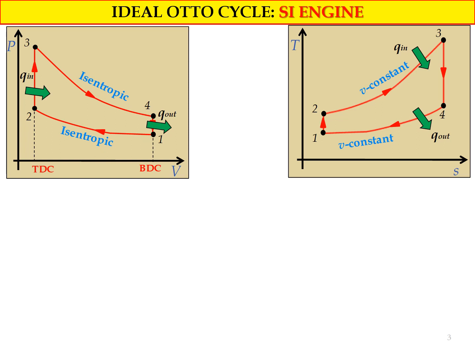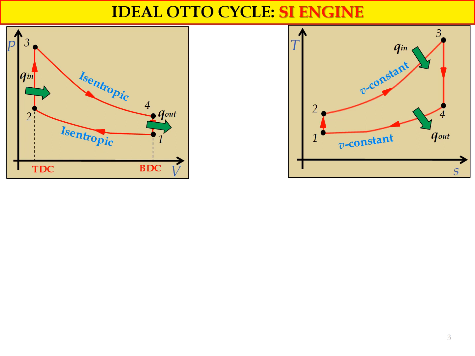If you look at the TS diagram, for process number 3, the value of entropy is constant because the process is isentropic, S3 equals S4, and during the process the temperature is reduced from T3 to T4.